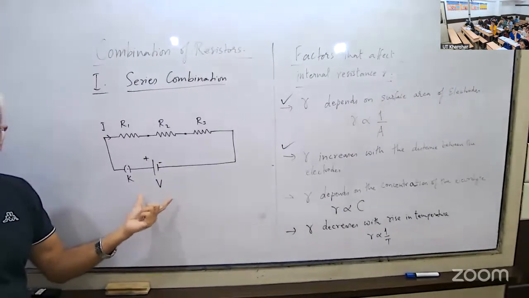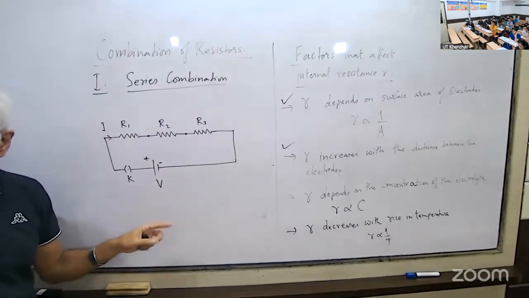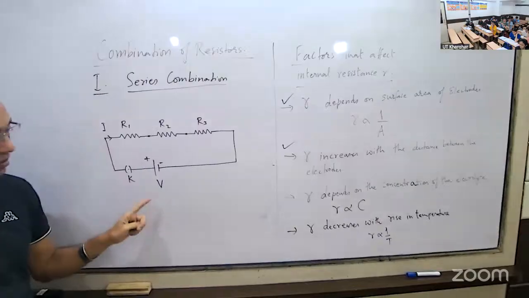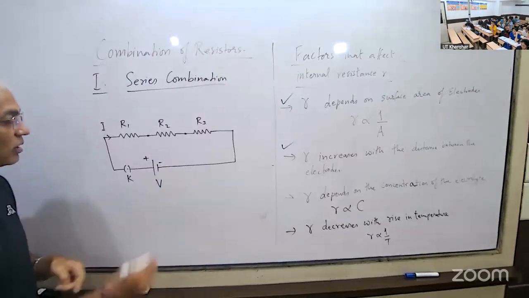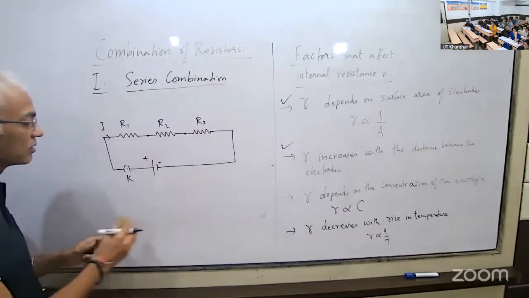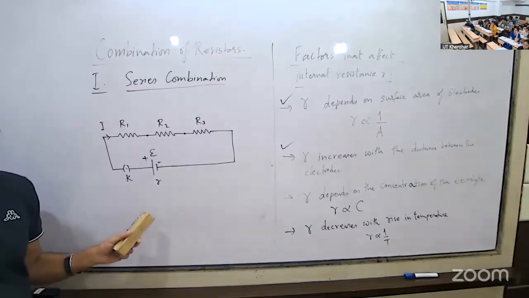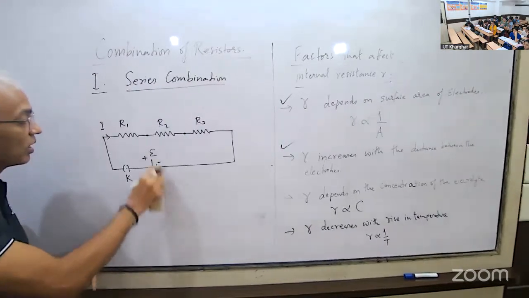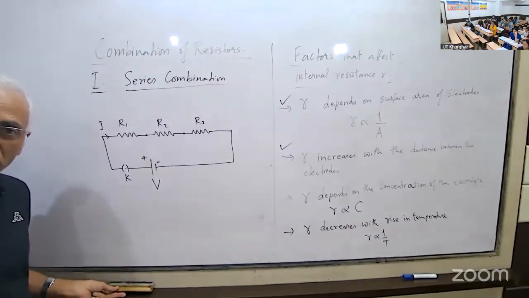So get used to this, okay? You might see here E or V. If it is V, the conclusion is r is zero. Otherwise, there will be a small r displayed here, or it will be written like this: E, r. Some values will be given to you. If there is no r and it is written directly V, that means internal resistance is zero.